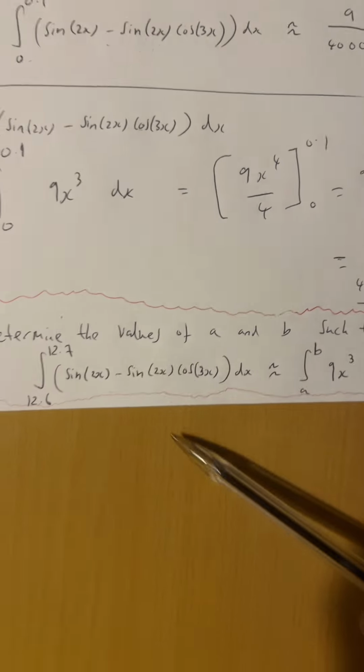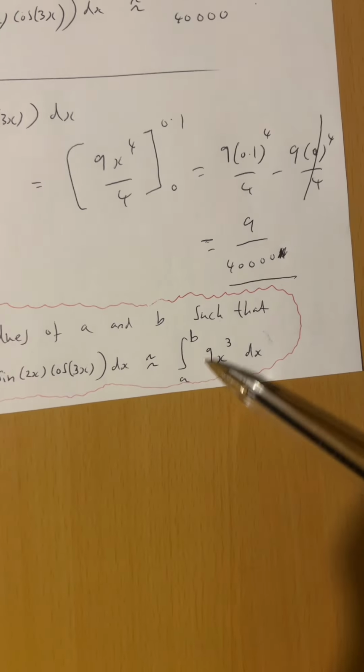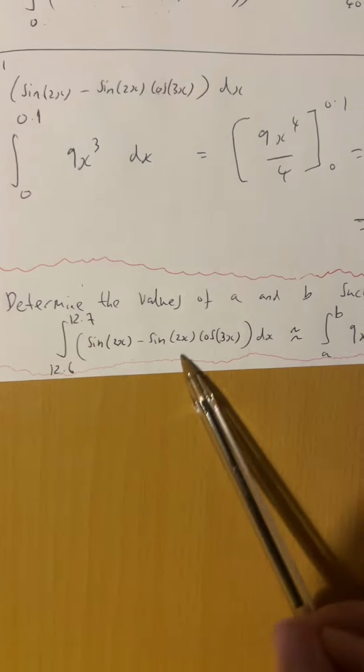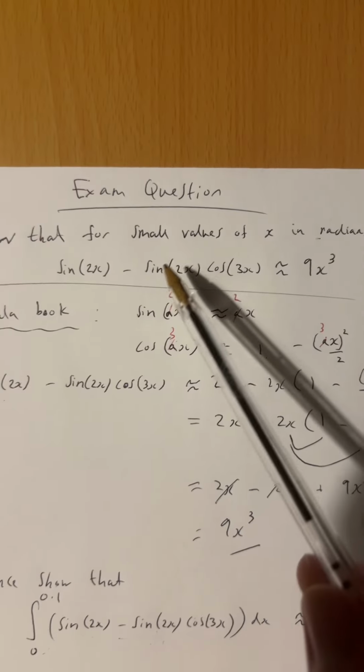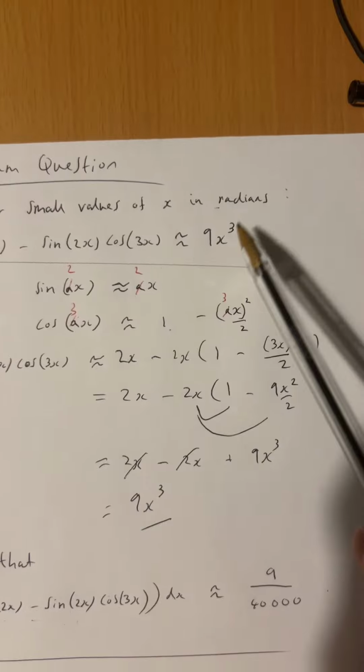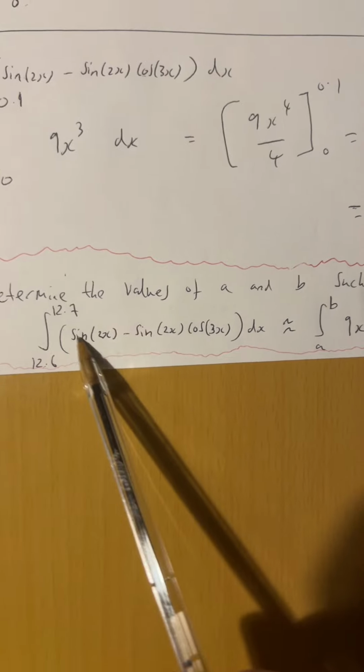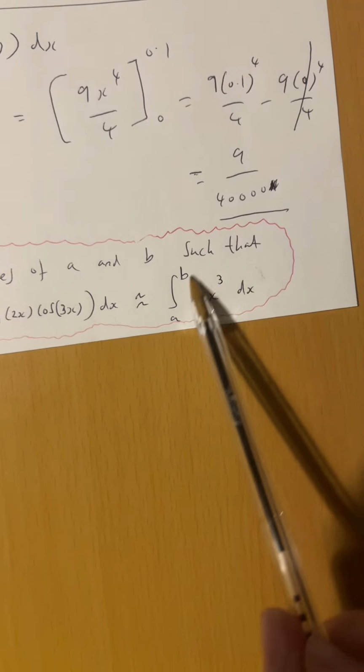And we want to find the A and B values that make this integral approximately this one. Now we know that for small angles, when this x value is small, this thing is approximately this thing. So if x is small, then this thing is about 9x cubed.